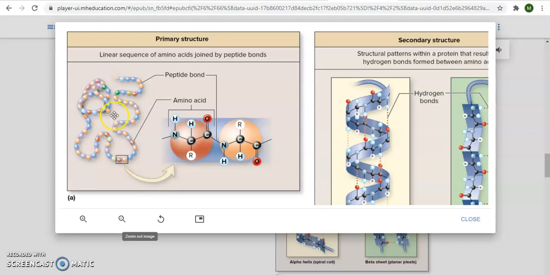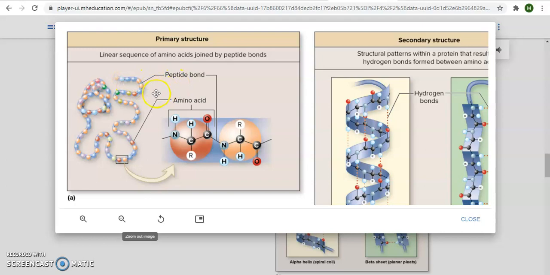So as the proteins are being made for the first time, they take on this linear shape. Here we've got this nice long chain of amino acids that kind of curls around. Each one of those little balls, and they're different colors because they represent different amino acids, is an amino acid bound together by a peptide bond. The peptide bond is a covalent bond holding them together.